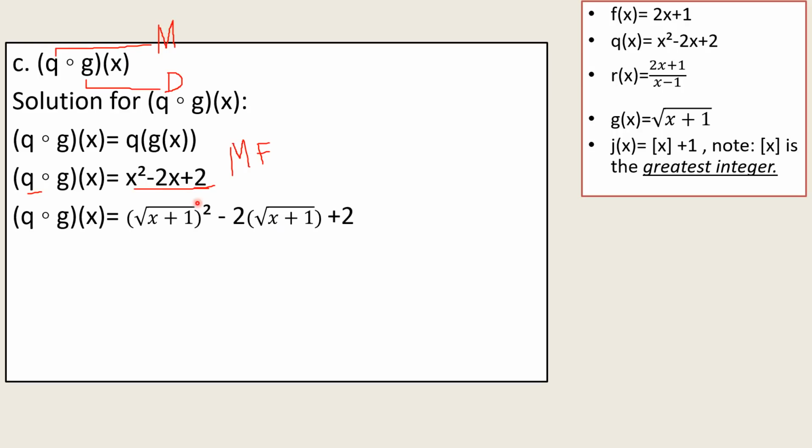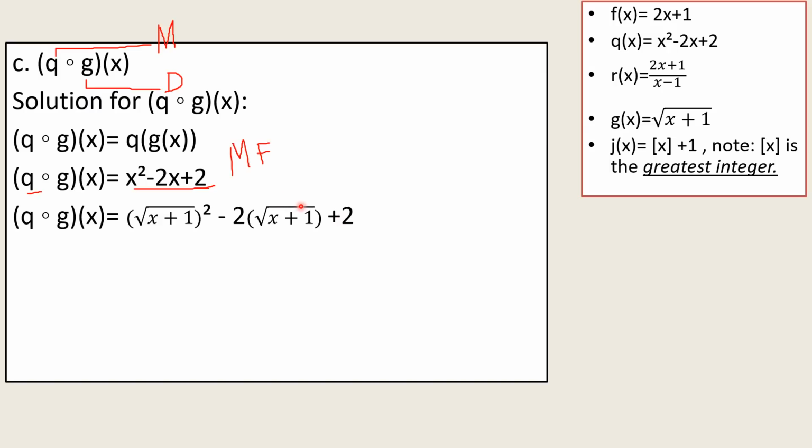Okay? So, 2 times square root of x plus 1 kasi ito si g. Then, plus 2. Ulitin ko to ha. So, x becomes square root of x plus 1, the value of g. Tapos, square minus 2 times square root of x plus 1, then plus 2.